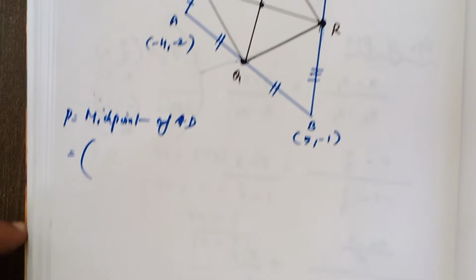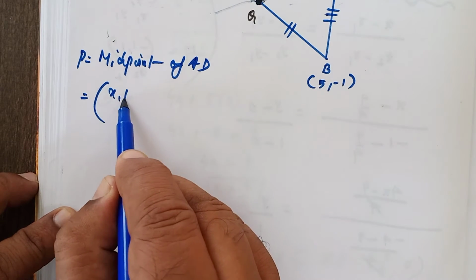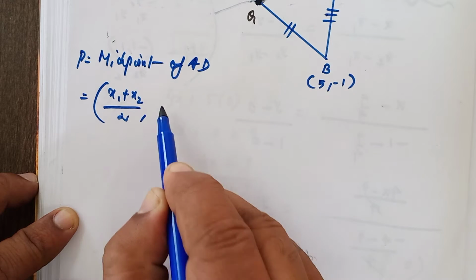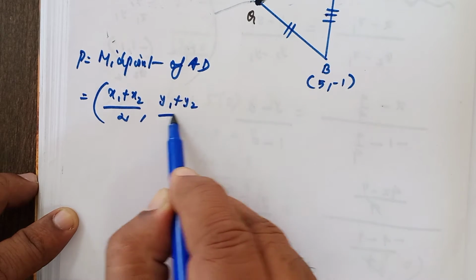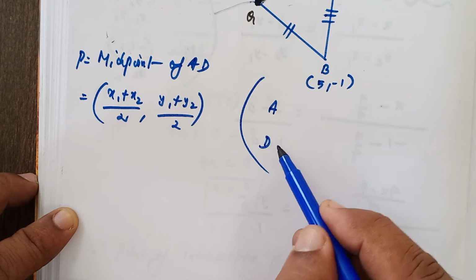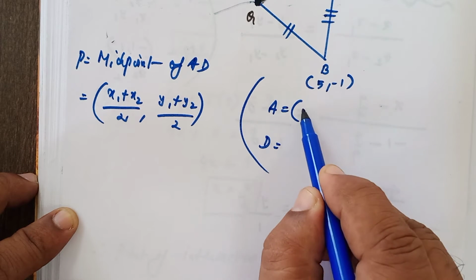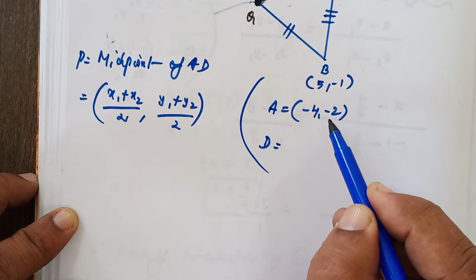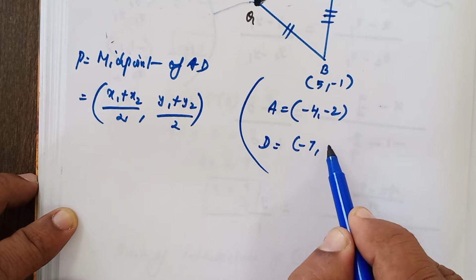Midpoint of AD equals the midpoint formula, (x1 plus x2) by 2, comma (y1 plus y2) by 2. I write the points A and D here. A is (-4, -2) and D is (-7, 6).